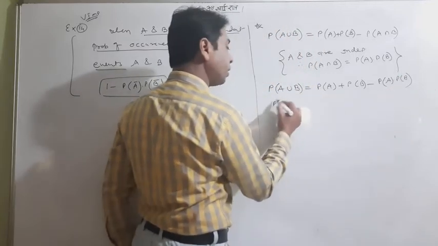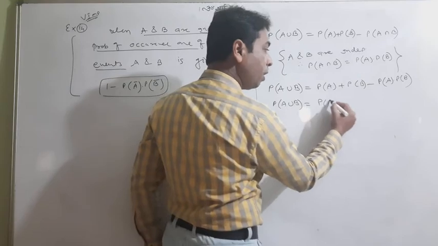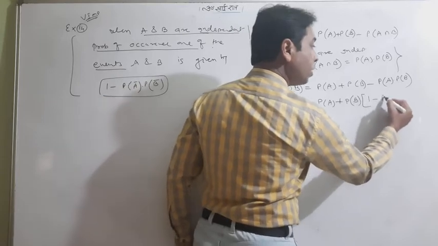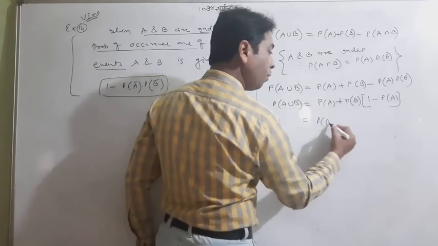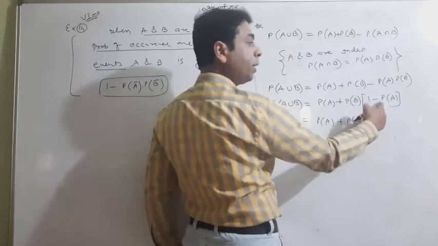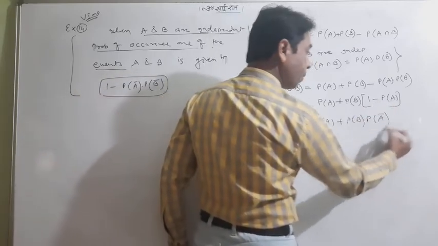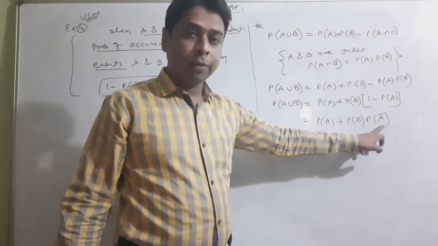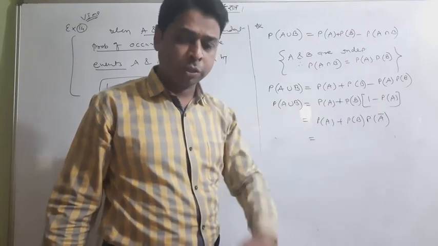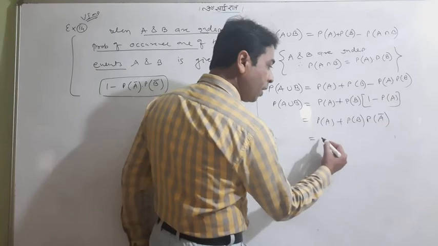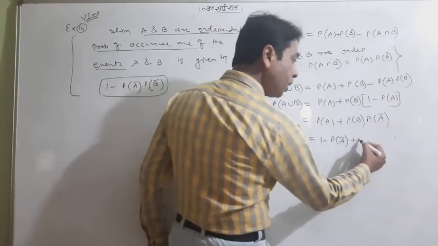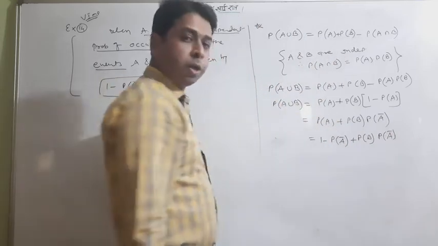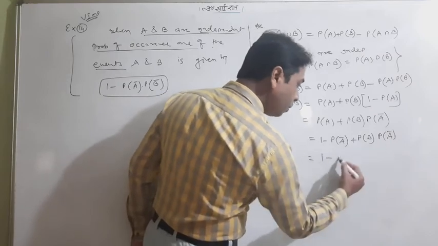Now what will come? Look at it properly. P of A union B is equal to P of A plus P of B, taking out P of B common, what will come? 1 minus P of A. You should know 1 minus P of A means P of not A. You know it from class 10. So P of A union B is P of A plus P of B into P of not A. Again, P of A I am writing as 1 minus P of not A, plus P of B into P of not A. Now look, 1 minus, take out P of not A common.